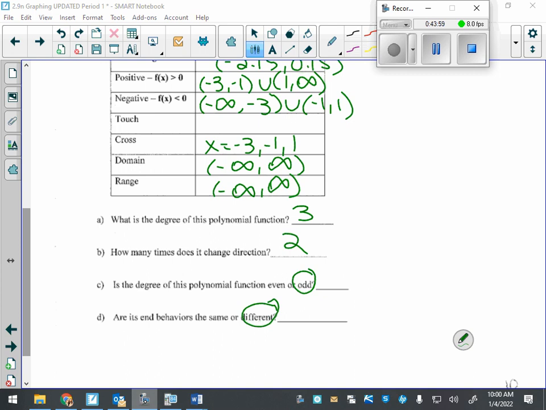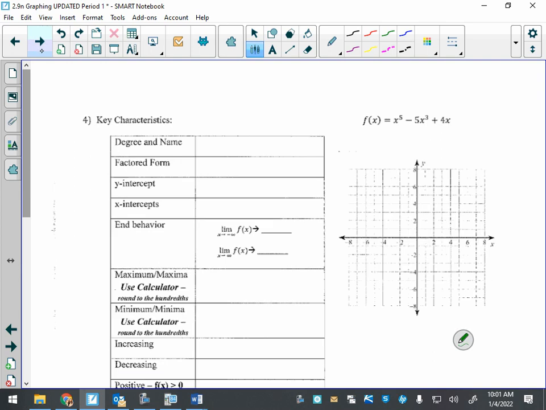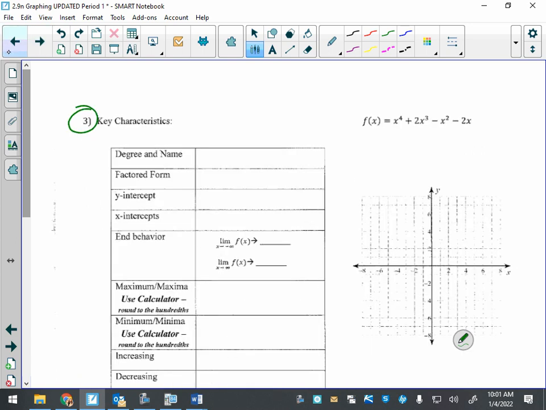So what I want you to do in class right now is to work on 3 and 4 of this practice. Your homework will be 2.9 practice 2. I'll put the page numbers on there shortly. So right now in class, I want you to work on 3 and 4.